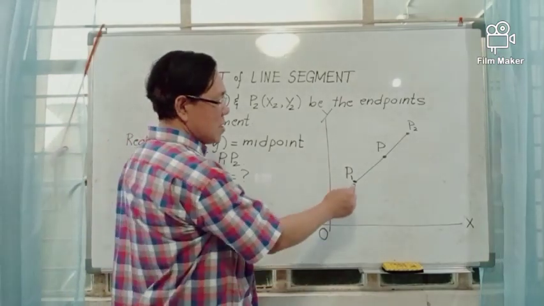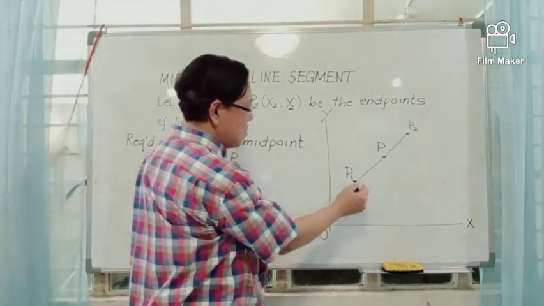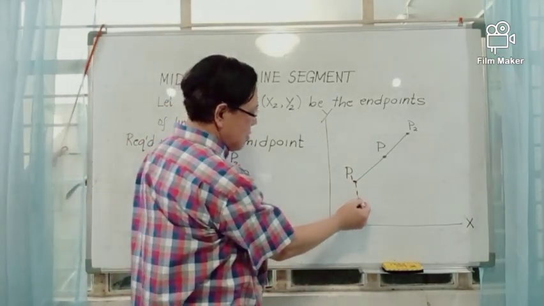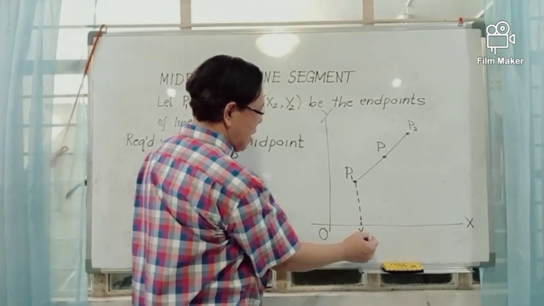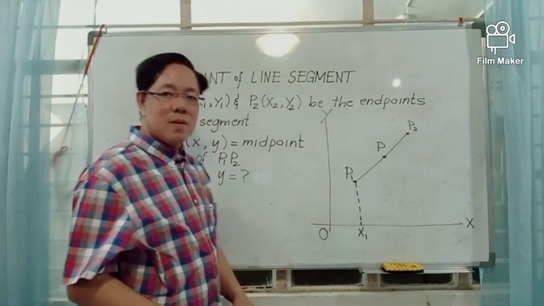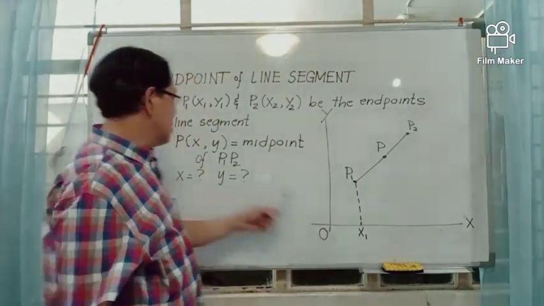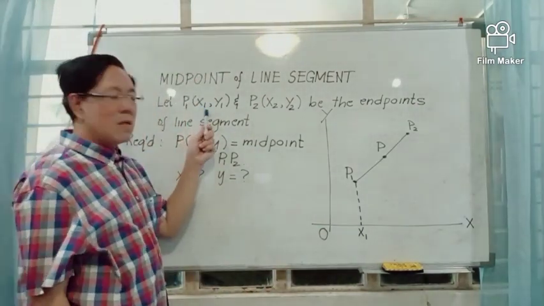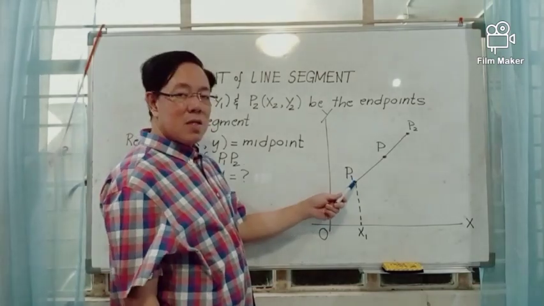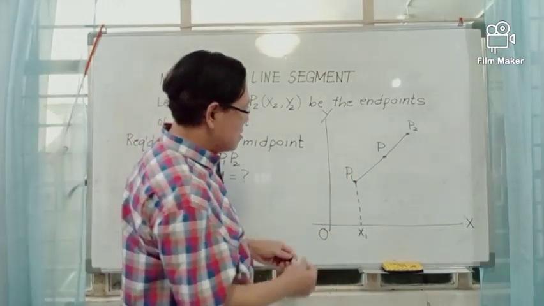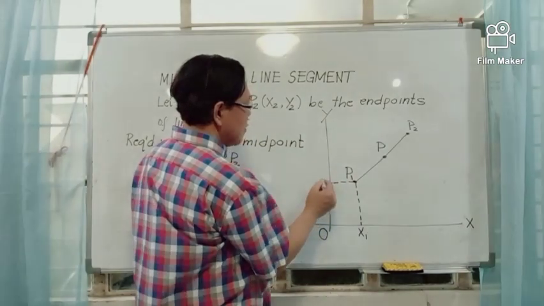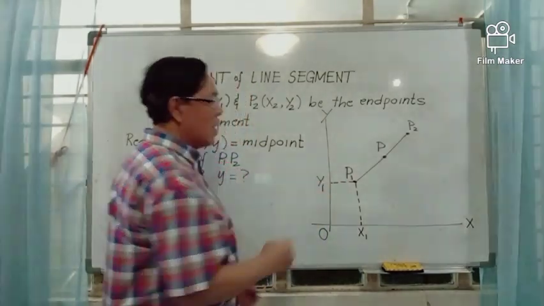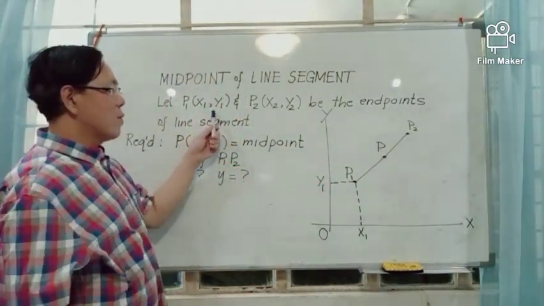If you project this point P1 down to the horizontal axis, you will locate the abscissa of P1, and it's denoted by x1. If you project this point P1 to the vertical axis, you will get the ordinate of P1 denoted by y1.